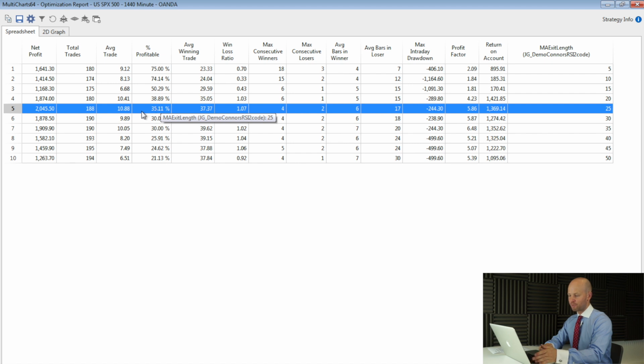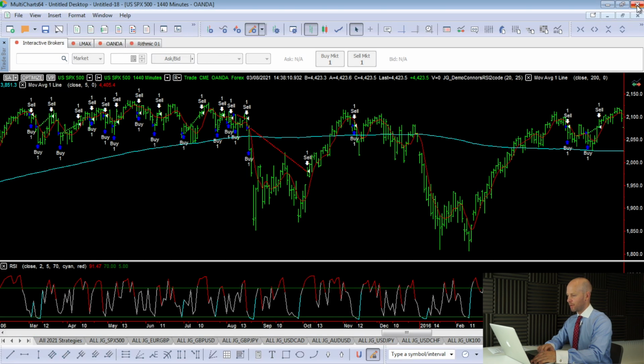But just for demonstration purposes, let's select this and see what it looks like on the chart and on the performance report. Obviously we're disregarding this red line now because this is a 5 period moving average.